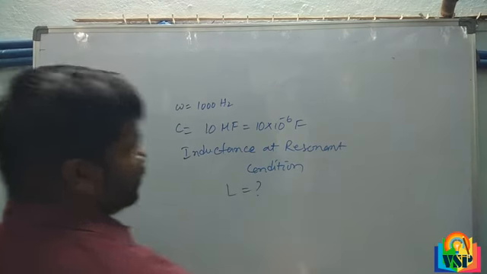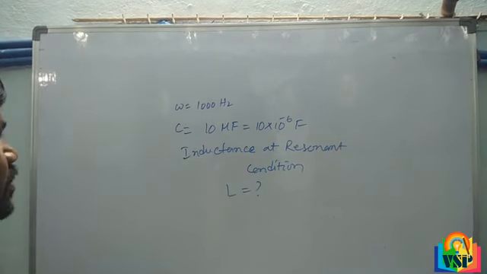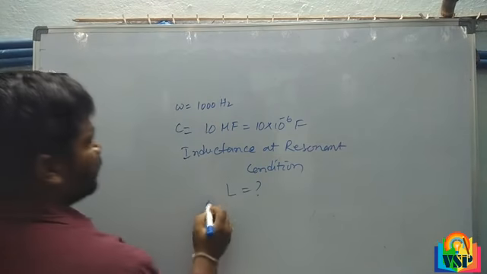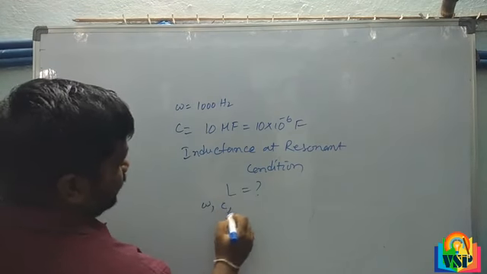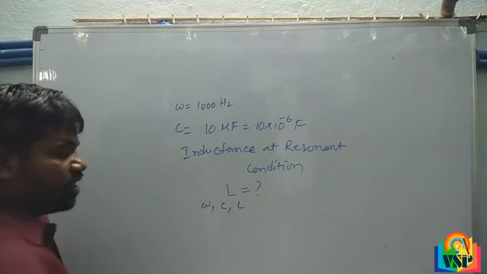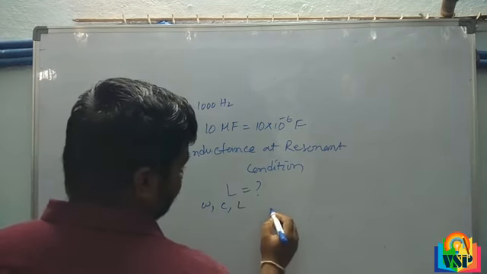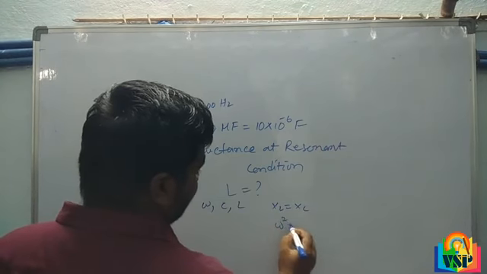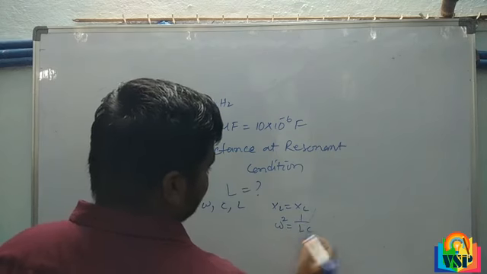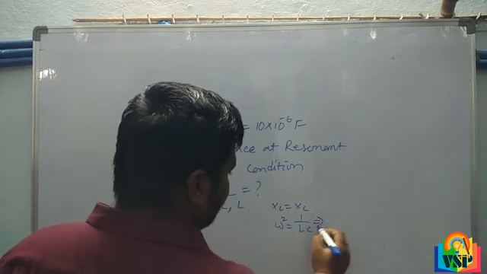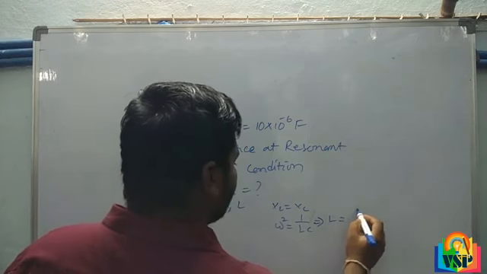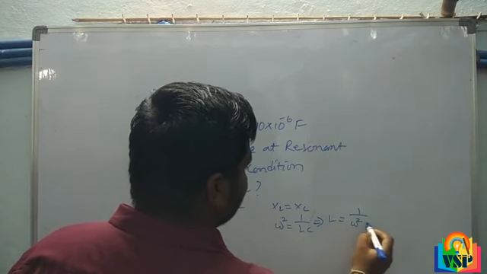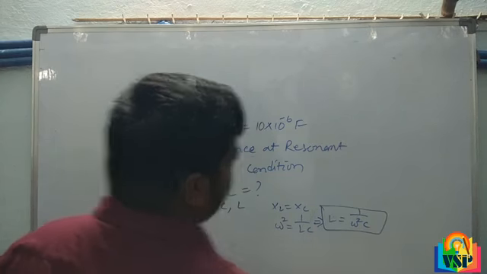Is there any relation between omega, C, L? At resonance, XL is equal to XC, so omega square is equal to 1 by LC. Then L is equal to 1 by omega square C. This is the formula.